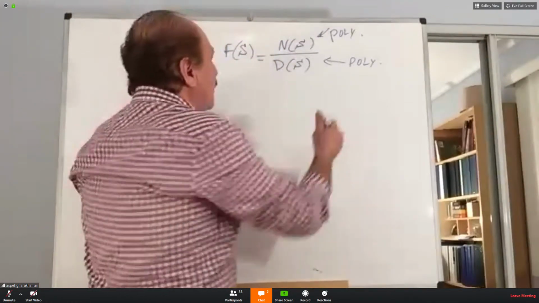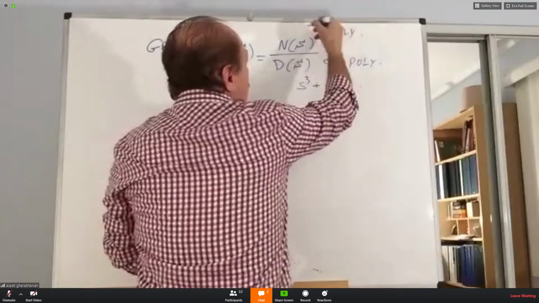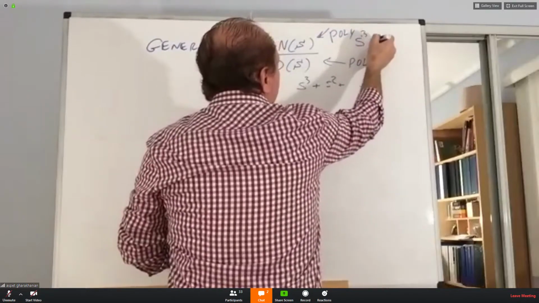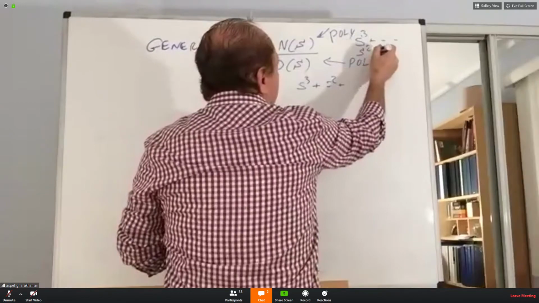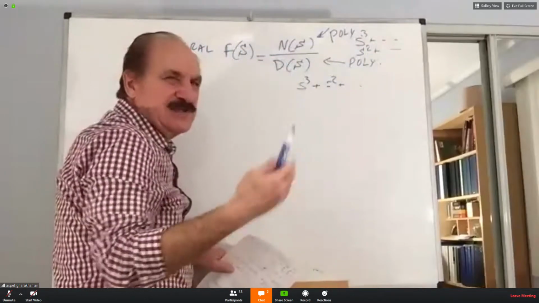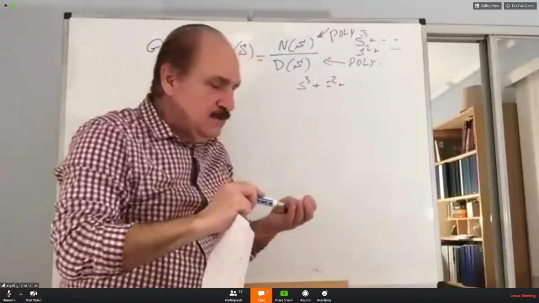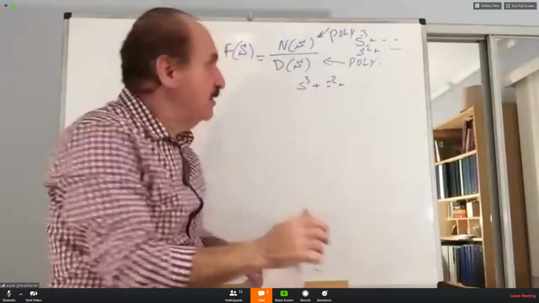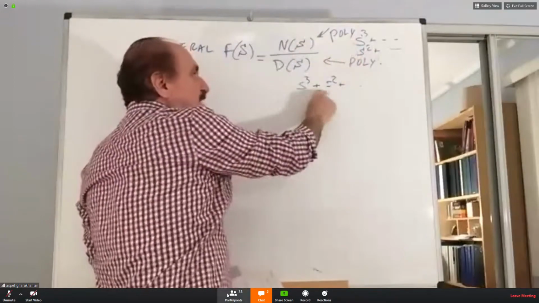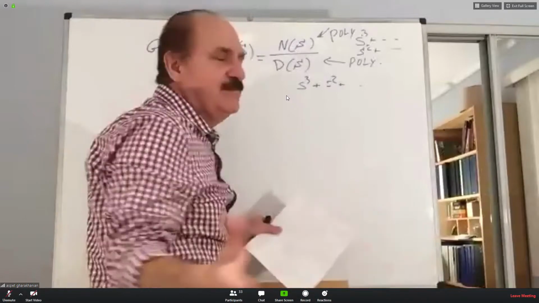For example, if the denominator is s cubed plus s squared, etc., the numerator will be at most s cubed plus that, or s squared plus. The highest power of the numerator in a practical system is always less than the denominator. The reason is, if the highest power of the numerator is even equal to that, theoretically that system has infinite frequency bandwidth, which no system has.